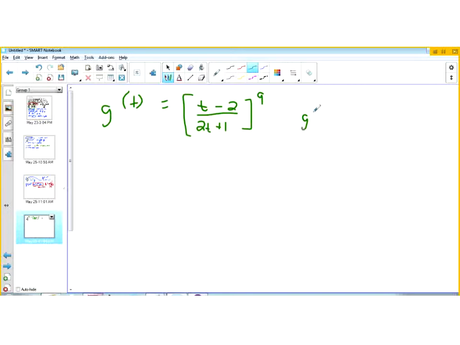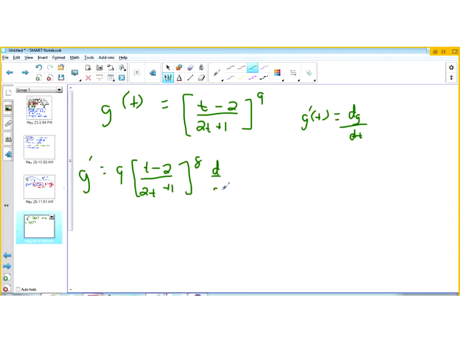And so we want to calculate g prime of t, which is equal to the derivative of g with respect to t, written this way. Using the previous formula, we get that g prime is equal to 9 times the function in brackets raised to the 8th power, and then we multiply that result by the derivative with respect to t of the inner composed function, which is the quantity t minus 2 over 2t plus 1.